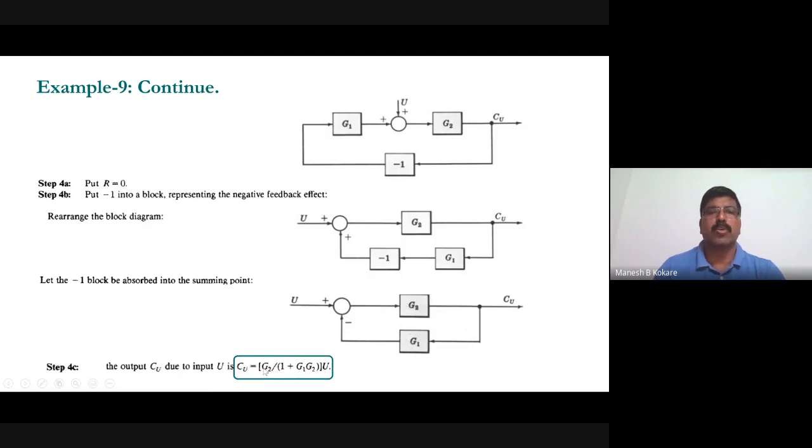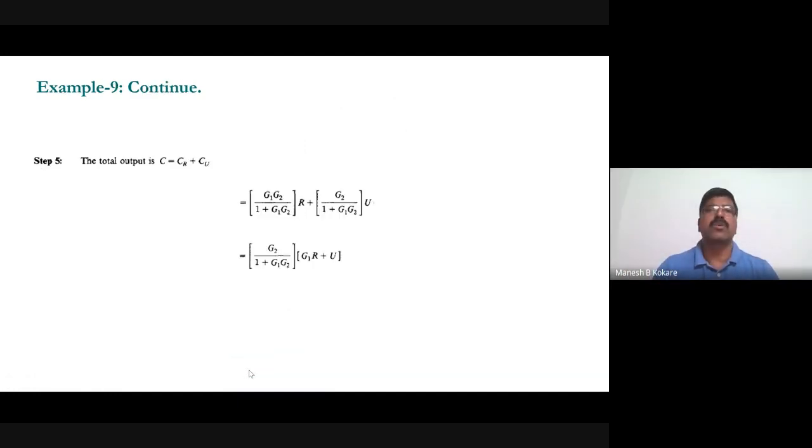So that is Z2 upon 1 plus Z1 Z2. Now this is when you have U input and R is considered as 0. Now you have found CR by R and you have found CU by U. So the overall transfer function will be just the addition of those. The total output C will be equal to CR plus CU.